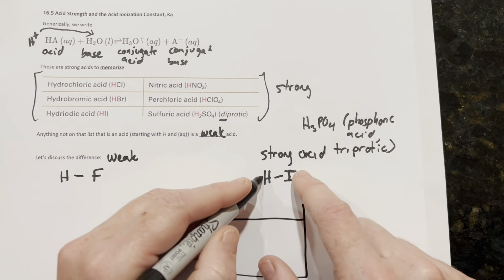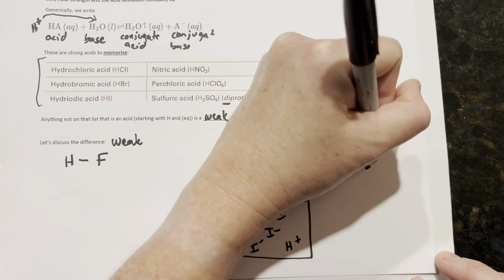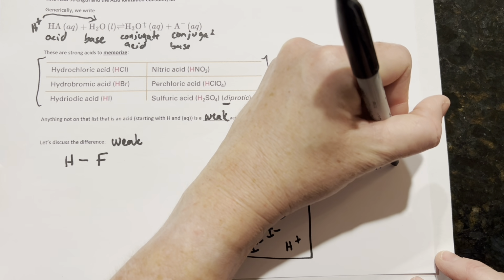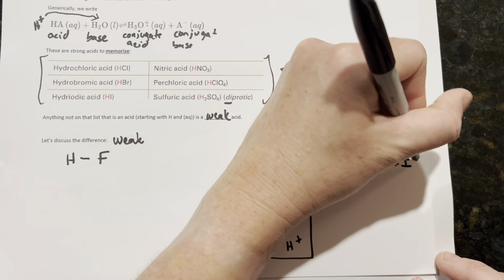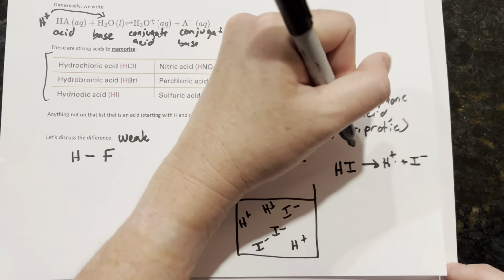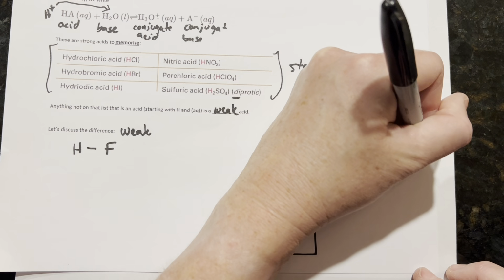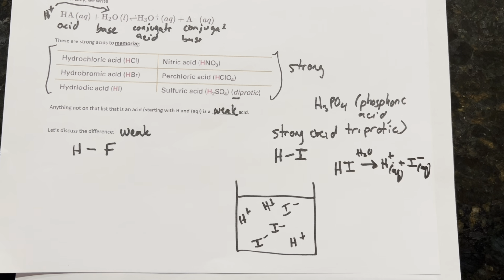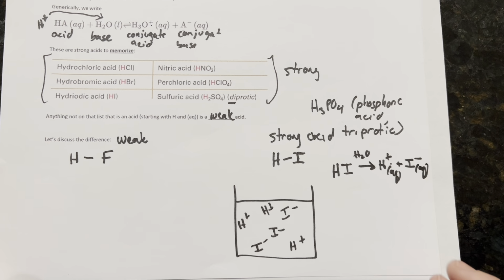The iodides will be nowhere near the hydrogen ions. We would write that in a reaction like this: HI breaks apart to H plus plus I minus. Sometimes you might want to write an H2O or something like that. And these would always be aqueous. And that's how we would write it.